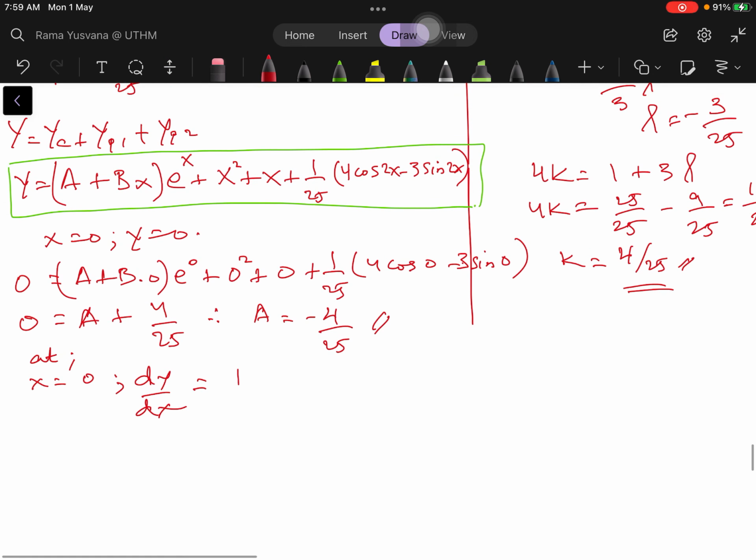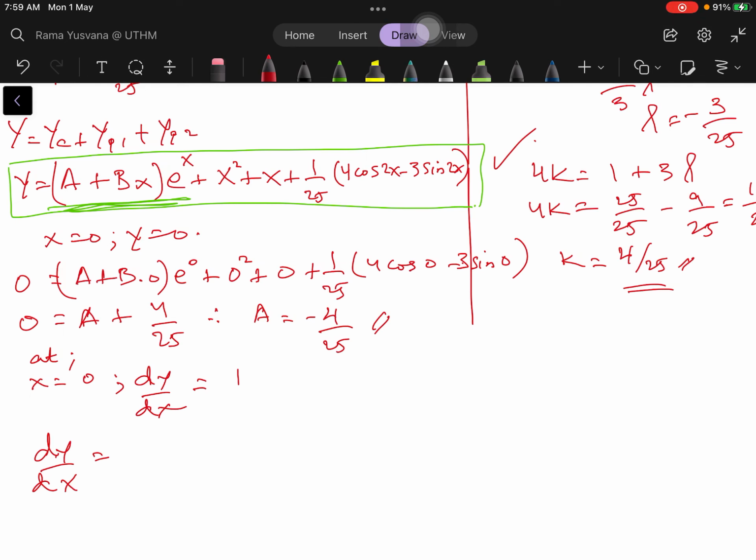So again we have to take the derivative of our y, and the first term needs the product rule.